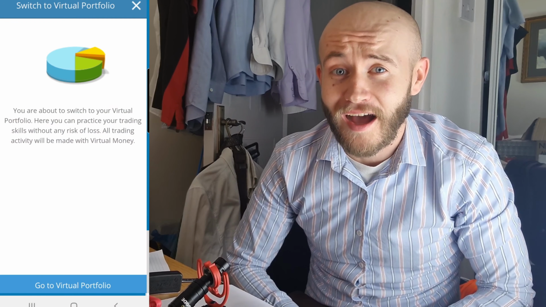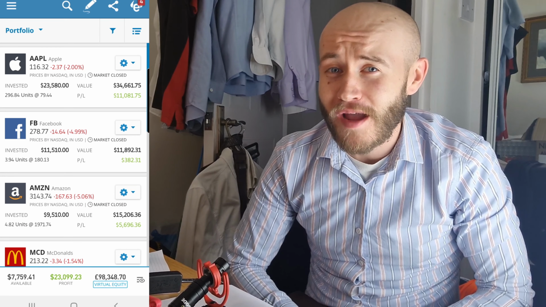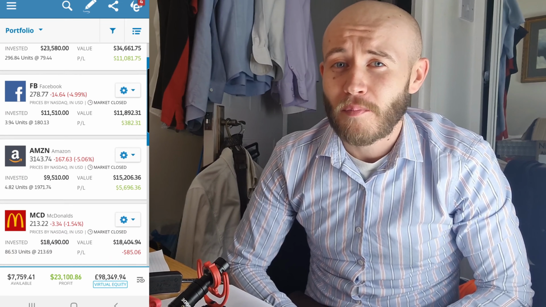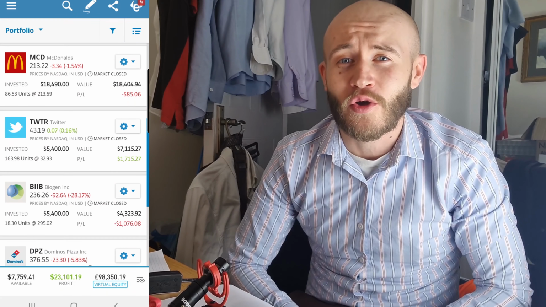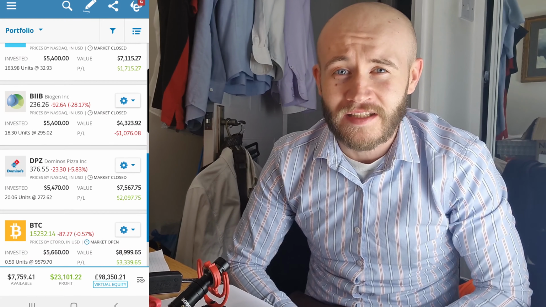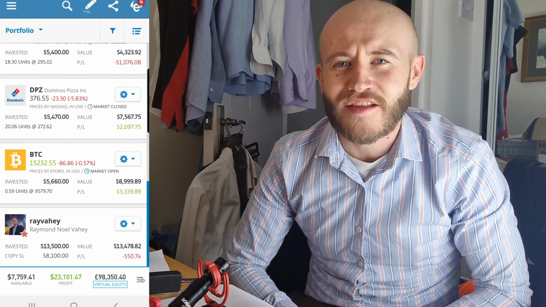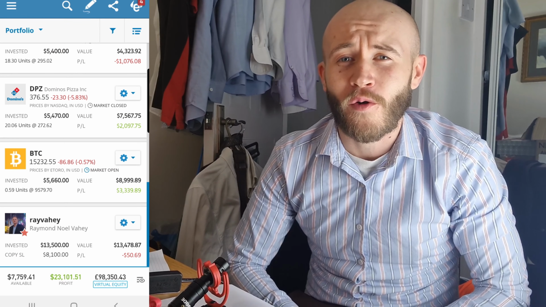So now we have an understanding of these basic patterns, how to identify them, and how to use them. What I would like you to do is try and have a go at these on your paper account. As we may have discussed in the last video, a paper account is a fake account, a virtual account, a demo account, where you can play with Monopoly money completely risk-free and start building your skills before you start burning your own cash.